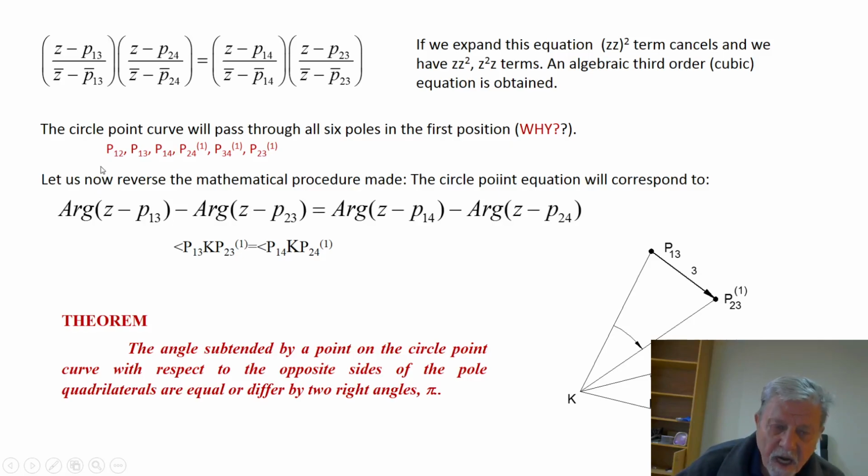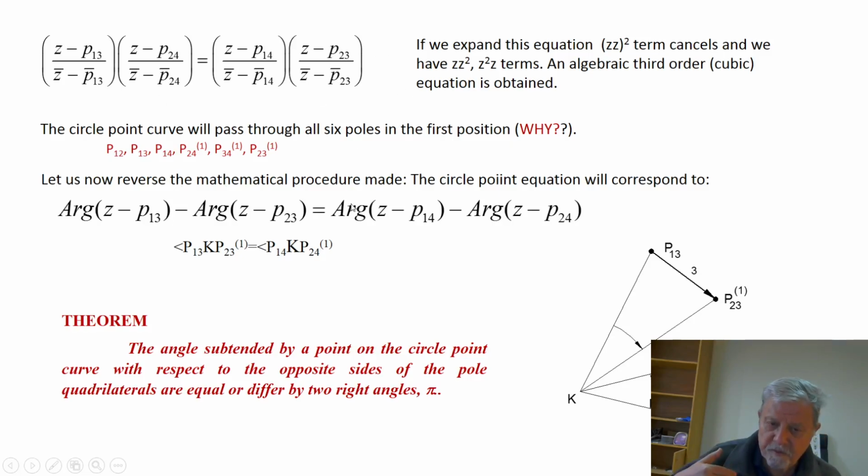This was the argument of (z minus p13) minus the argument of (z minus p23) is equal to the argument of (z minus p14) minus the argument of (z minus p24). This is how we have obtained this equation, okay?